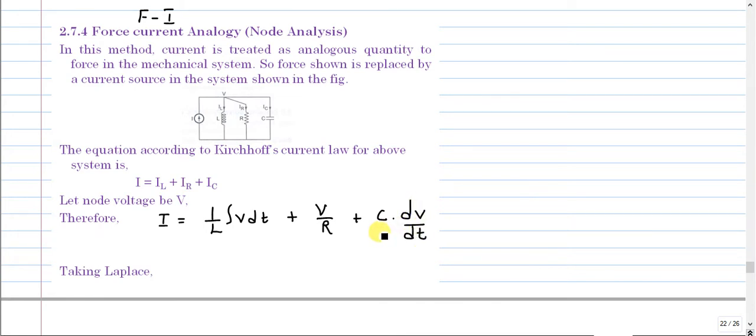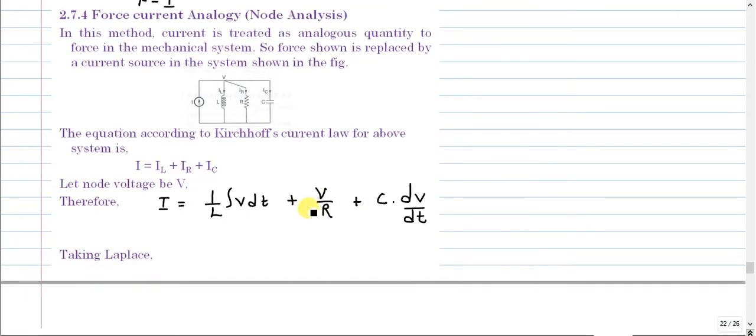So this is the representation as per Kirchhoff current law. That is I is equal to, for inductor, 1 by L integration of V dt, plus V by R for resistor, and for capacitor, C into dV by dt. So if I take Laplace transform, so this is in the time domain I of t, so later it will change to S domain.